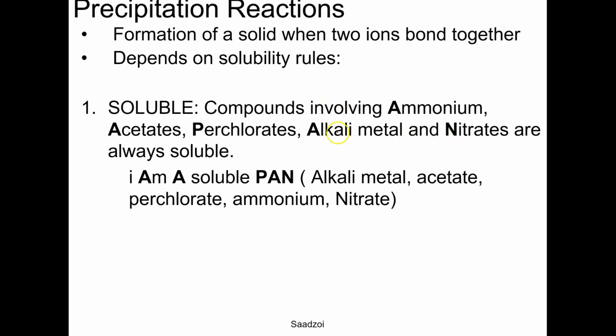So anytime you see these, the compound's going to be soluble, call it a day. Easy way to remember it: I am a soluble pan. Notice the capital letters represent the different components: ammonium, acetate, perchlorates, alkali metals, nitrates. So those are always soluble. If you ever see those, the compound is soluble, move on with your life.